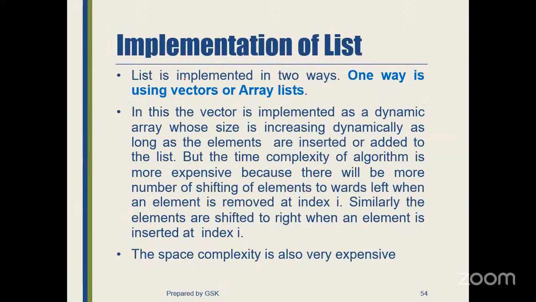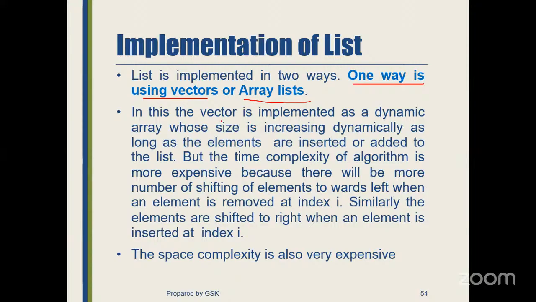Now, implementation of list. How to implement the list? A list is implemented in two ways. One way is using vectors. This vector we can also call an ArrayList in Java terminology.